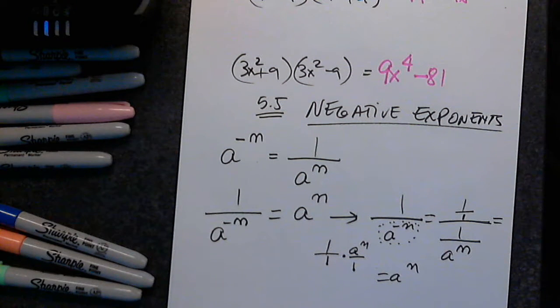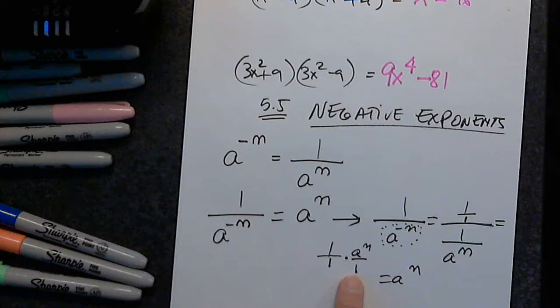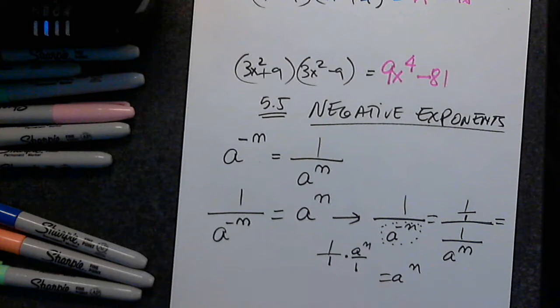If it's at the bottom with negative, it goes to the top with positive. Yes? Is that an inverse? When you divide two fractions, you copy the fraction from the top and you flip the fraction from the bottom, like the division rule.